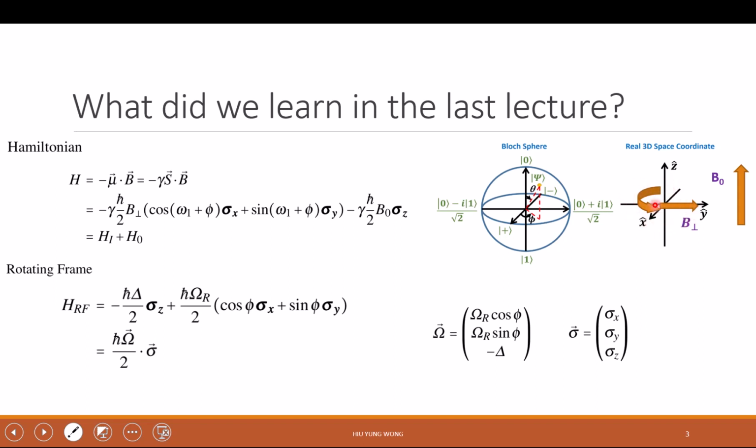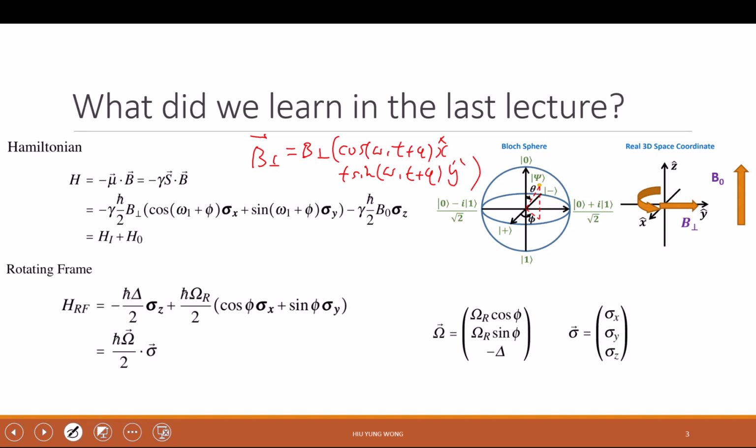We can model this as B perpendicular, a vector, equal to the maximum magnitude times cosine of omega 1 t plus phi in the x direction, plus sine of omega 1 t plus phi in the y direction.